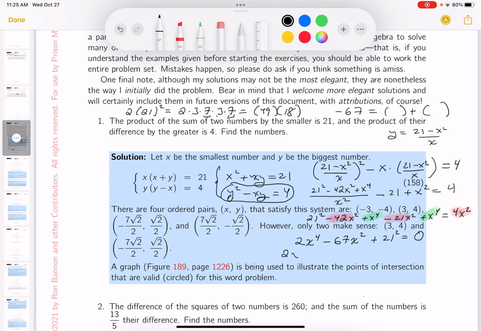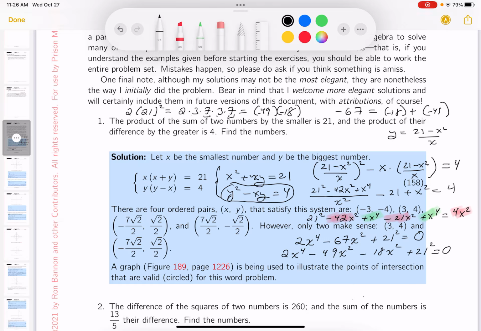So 2x4. Let's see. I'm going to put down, let's see. Oh, they're minus. I'm sorry. Minus 49 x squared minus 18 x squared plus 21 squared equals 0.